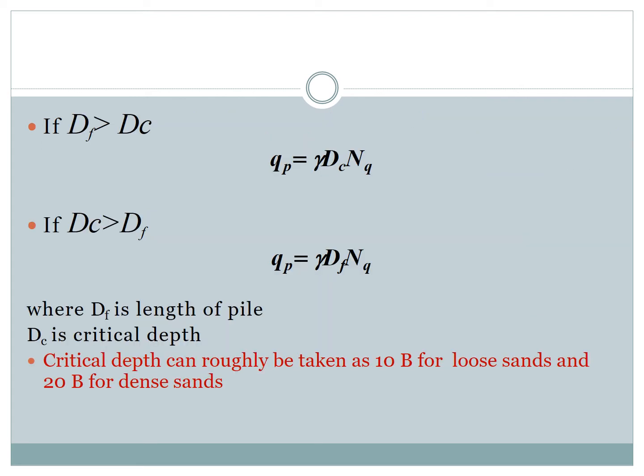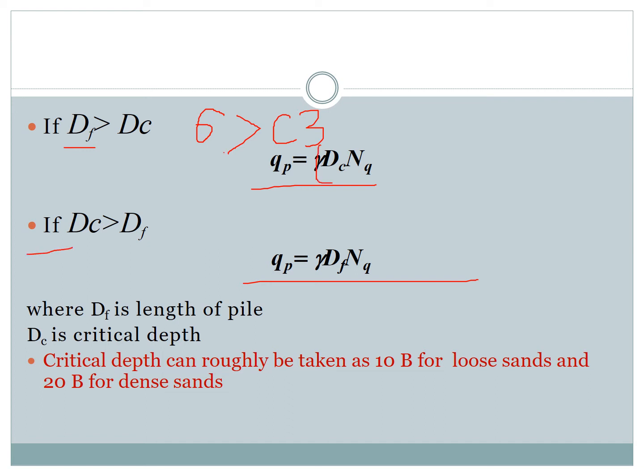If the depth of the foundation is more than the critical depth, the equation should be Qp equal to gamma Dc Nq. If the critical depth is more than the depth of the foundation, the equation should be gamma Df Nq. For example, if the depth of the foundation is 6 and the critical depth is 3, the depth of the foundation is more than the critical depth, so in the equation we take the critical depth.